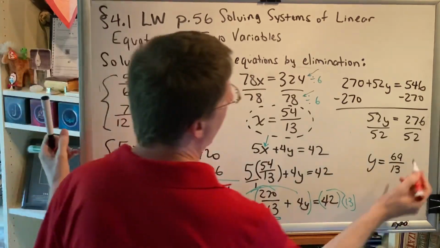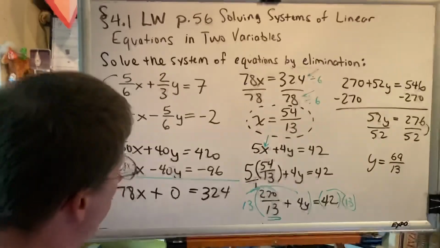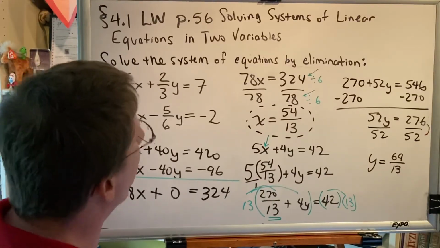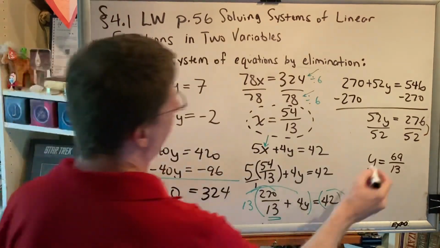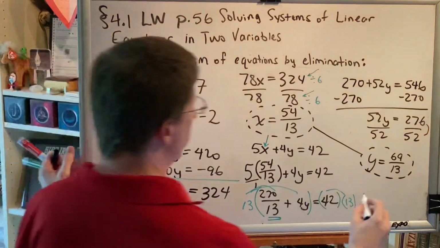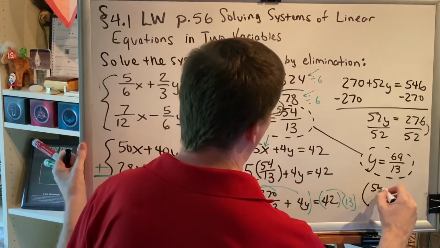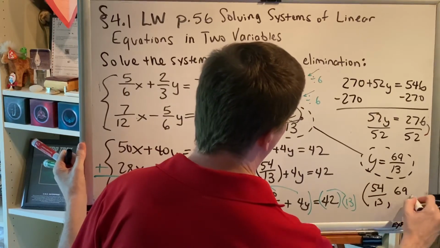It seems that the greatest common factor of those two values is 4, and so when you divide the top and the bottom by 4, this is the result that we get. So now we can put all of this together. We have the value of x, we have the value of y, we just have to express it as an ordered pair. 54/13, comma, 69/13.